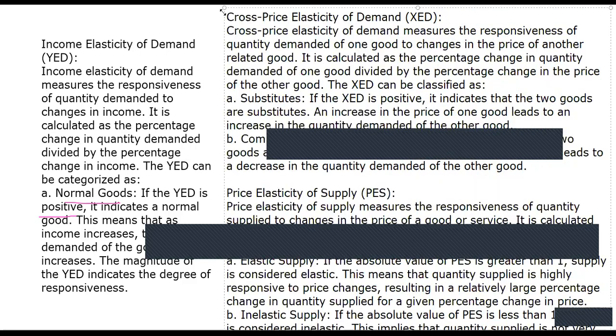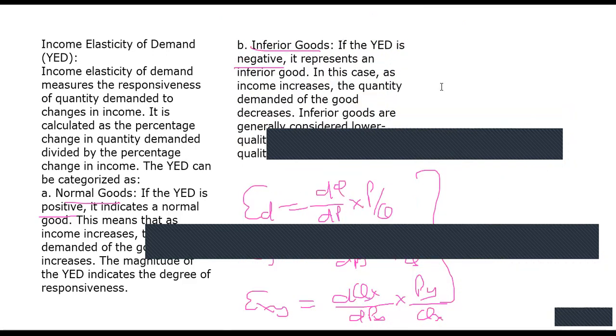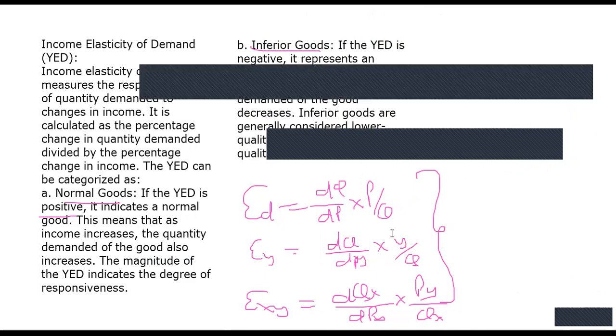The challenge here is to relate the formulas: for income elasticity you use this one, for price you use this one, and for cross price elasticity this one. What is the difference between these formulas?